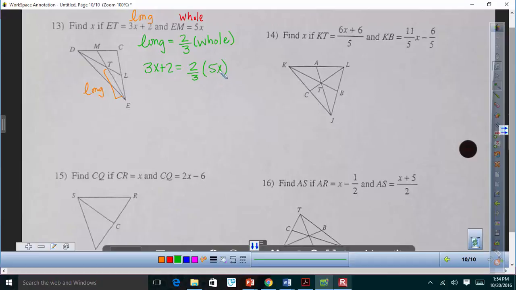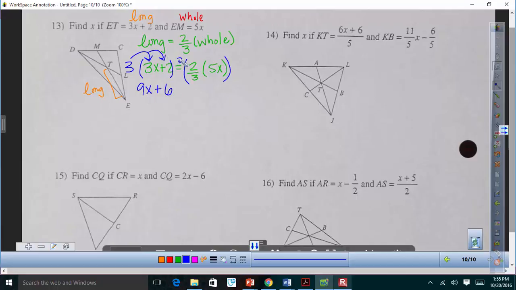Now, how many of us hate fractions? Yep, that's what I thought. So how do we get rid of a fraction? Multiply. No, we don't get a decimal. We multiply both sides by the denominator. So I'm going to multiply both sides by 3. So I'm going to distribute this. This gives me 9x plus 6.